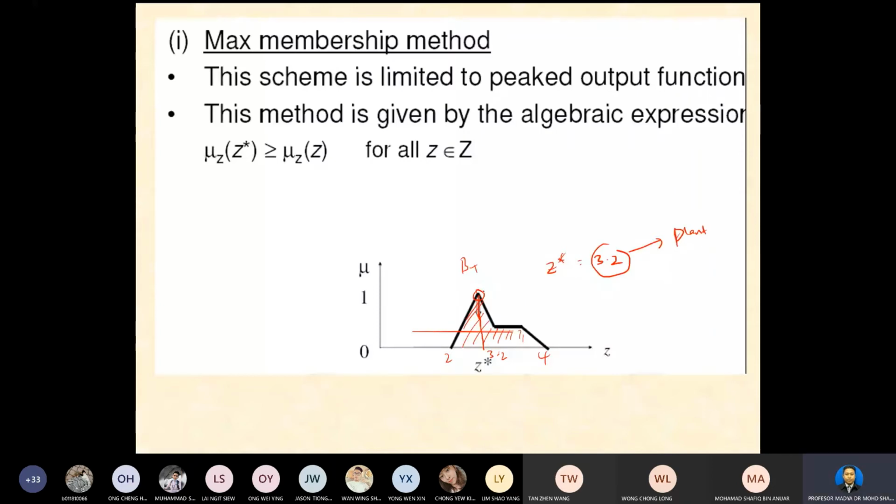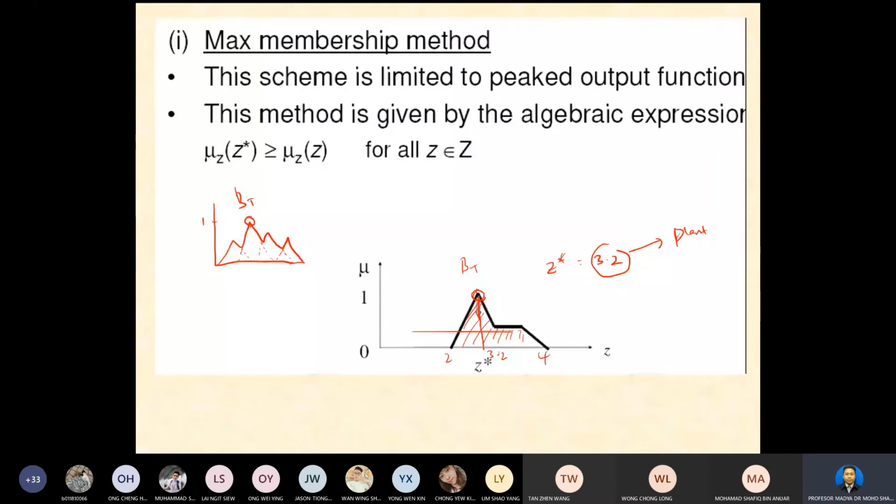Maybe I show an example here. This is our B tilde, which means maybe we have a combination of the upper B, for example this. This one is the ones, and we know this is the max, the highest one.